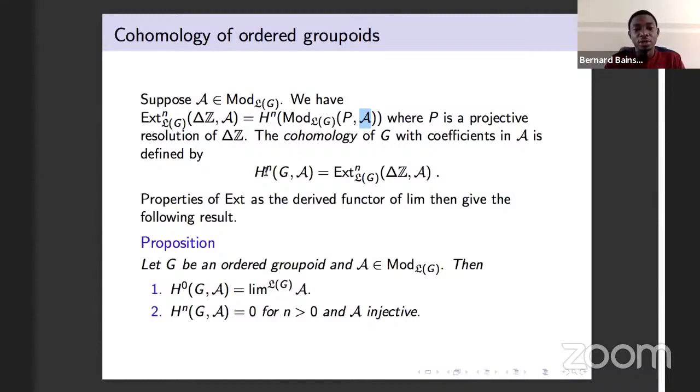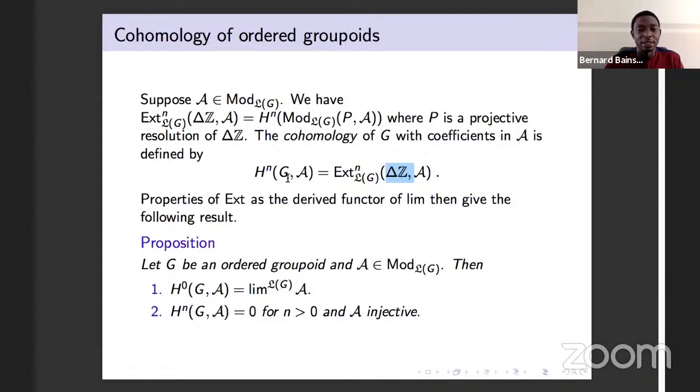So the cohomology of G with coefficients in A is just the Ext group of delta Z into A. And you can compute this using projective resolutions. And an immediate result that we can get from this Ext group is that if your module A is injective, then the cohomology will vanish for n bigger than or equal to 1. And the cohomology at 0 will just be the co-limit of A over LG.